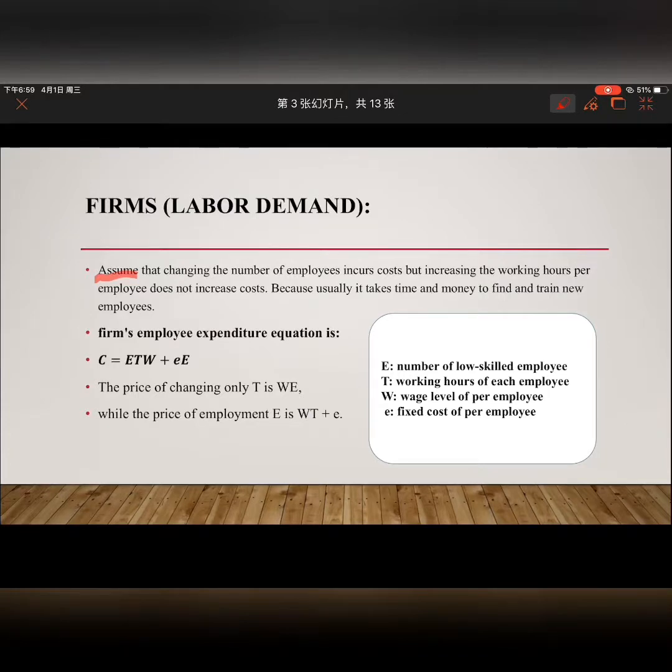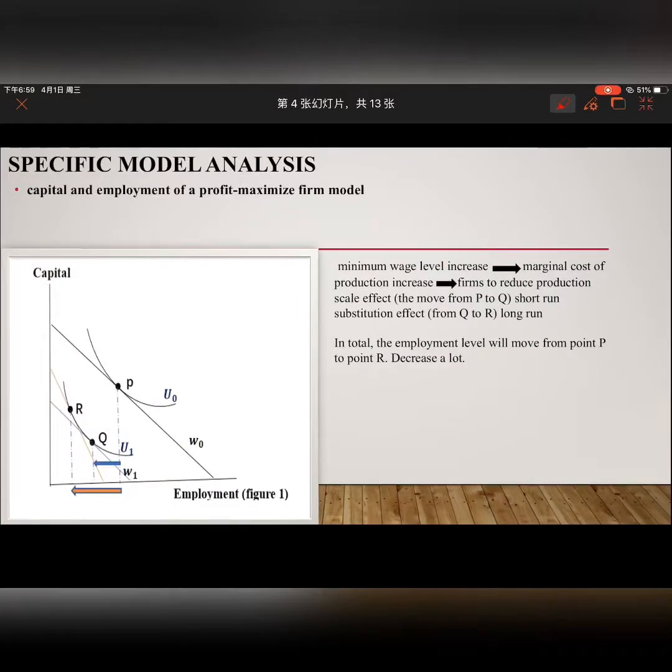The price of changing the working hours of each employee is WE, but the price of changing the number of labors is WT plus E, which is larger than WE. So the firms will choose to increase the working hours of each employee instead of changing the number of labors. This is a specific model analysis.